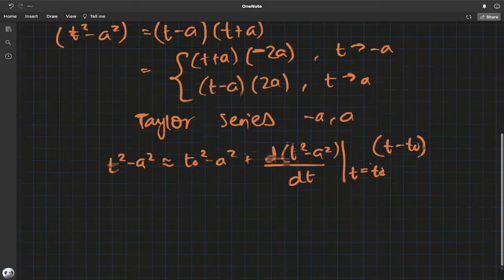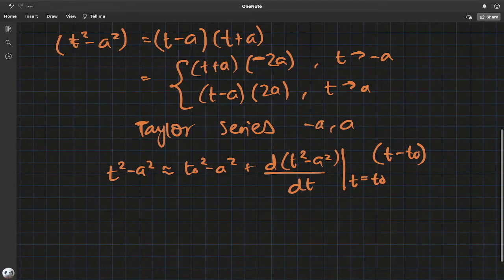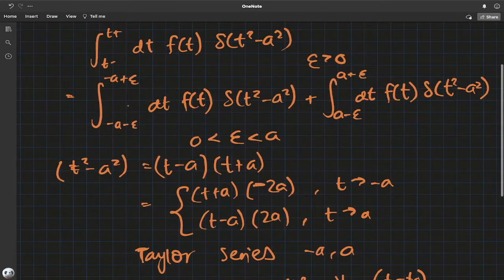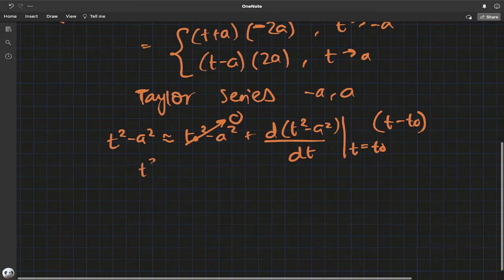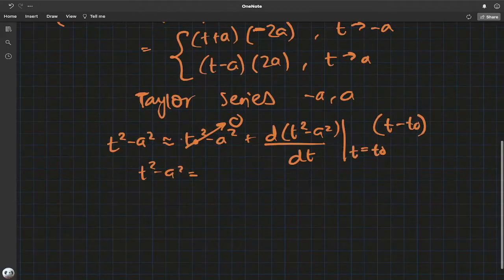That's the first term of the derivative, which is clearly valid because we're in an arbitrarily small neighborhood of the zeros. And since in our case t naught is equal to negative and positive a, the first term just goes to 0.